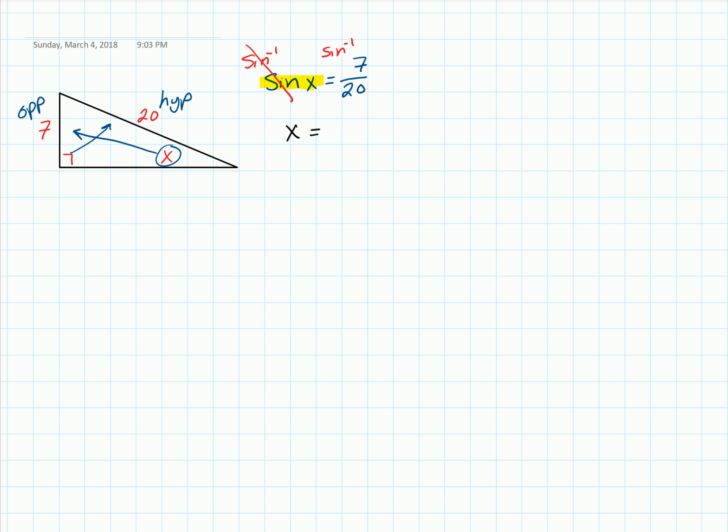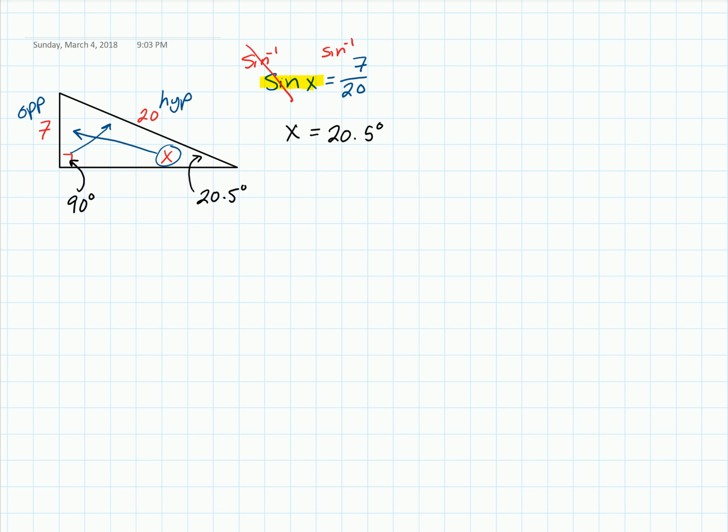You can turn 7 over 20 into a decimal and then take the inverse sine, or you can type the fraction right into the calculator, inverse sine of 7 over 20, and it comes out to be 20.5 if you round, 20.5 degrees.